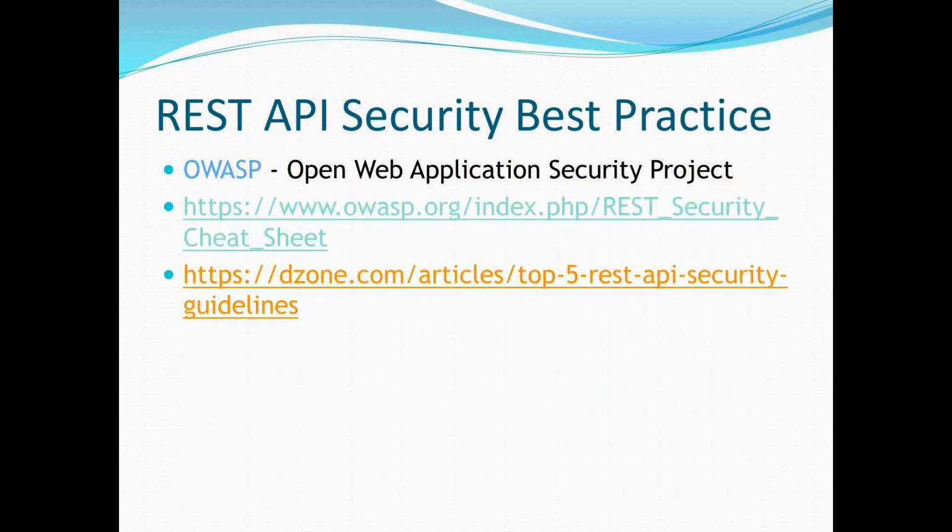For REST API security, if you Google, there are lots of good articles. And one of the things I find is that this organization, Open Web Application Security Project, they have a cheat sheet on REST security, and it's a lot of good information also. And dzone.com is another good research site where they have different topics that you can look into.